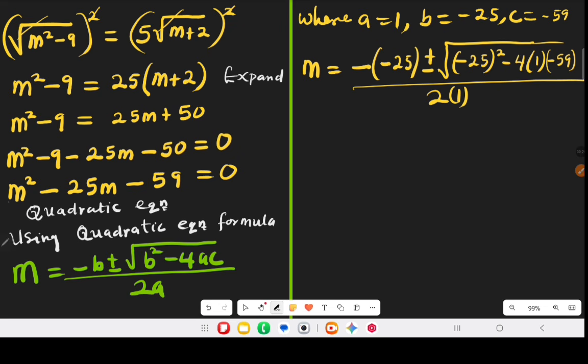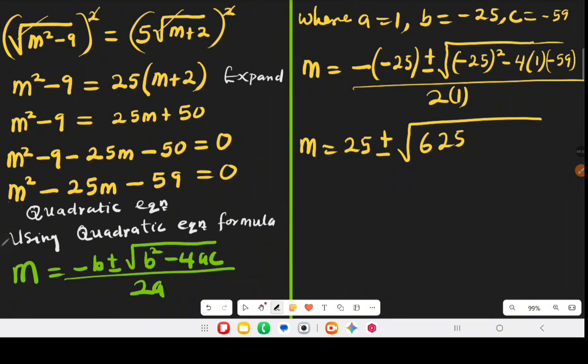Then when we simplify, we have m equal to minus minus gives us plus 25, plus or minus the square root of minus 25 squared.